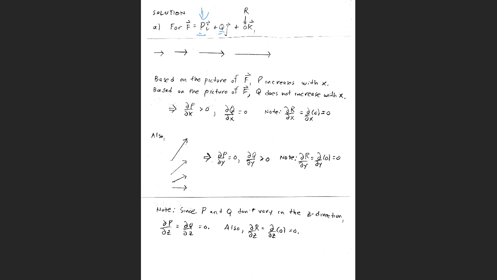Is P the horizontal component of the vector or the vertical component? That's right, Ryan. P is the horizontal component of the vector.